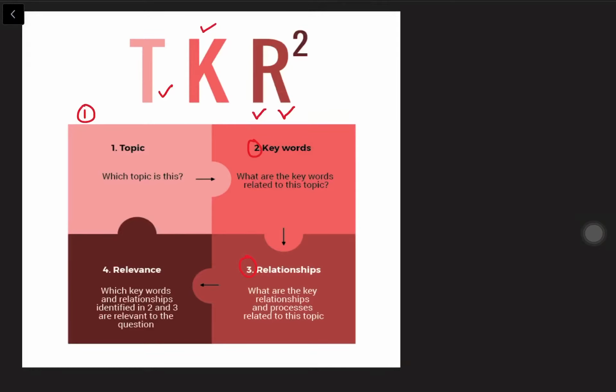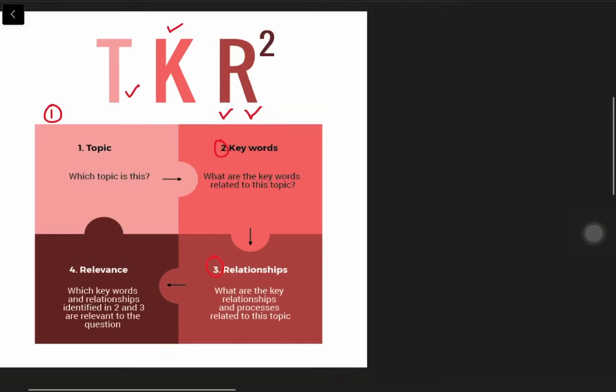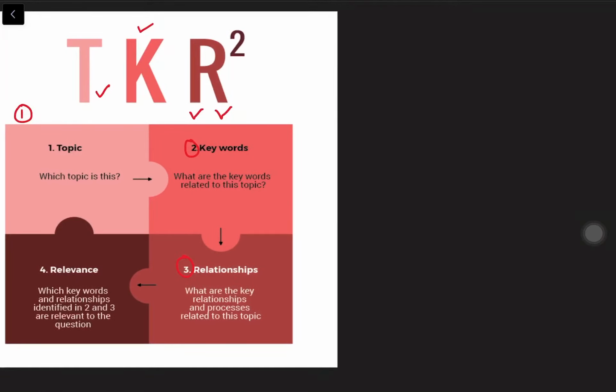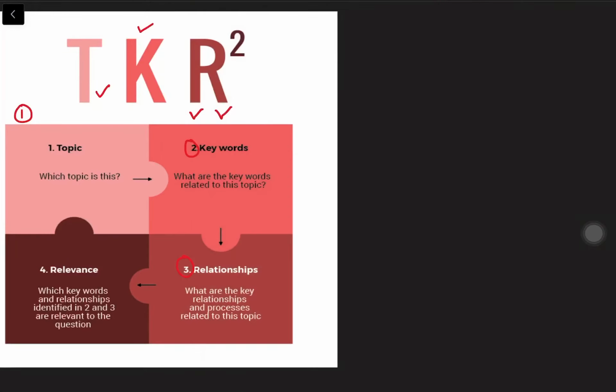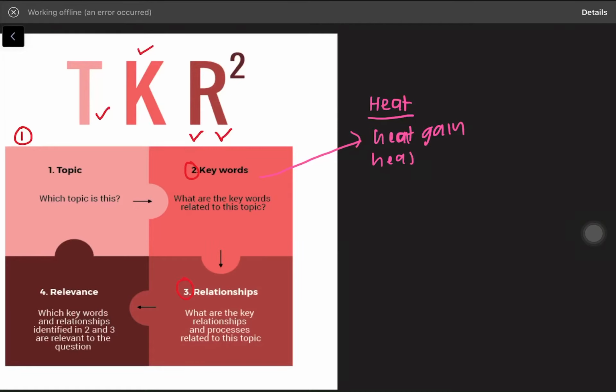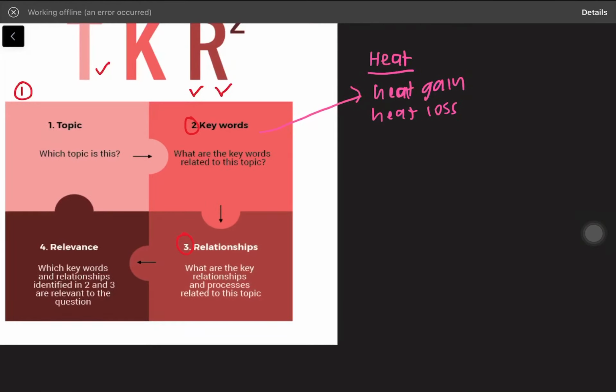Some of you may be confused about what is the difference between keywords and relationships. So over here I will just explain to you briefly about the difference between these two things. So keywords, let's talk about the topic of heat. Some keywords related to the topic of heat would be heat gain, heat loss, what else?